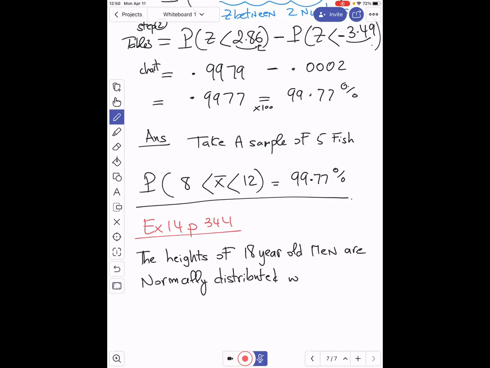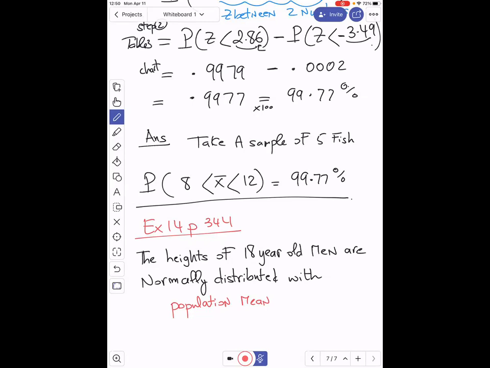With population mean, so when I say population mean, I mean you take all 18-year-old men and you measure their height, right?